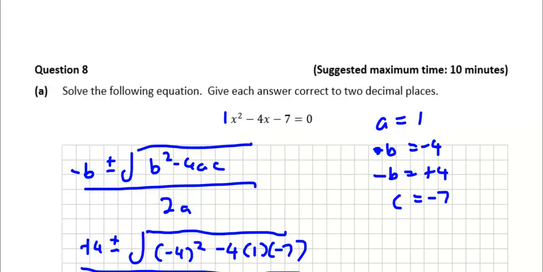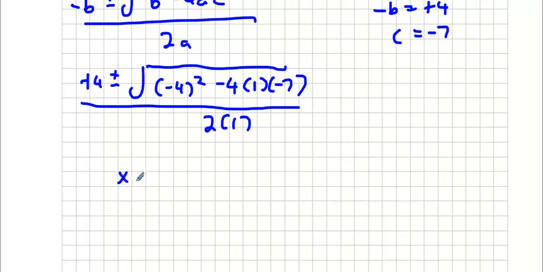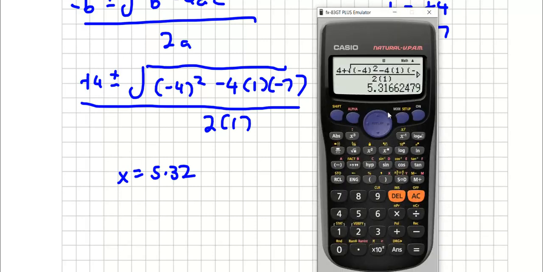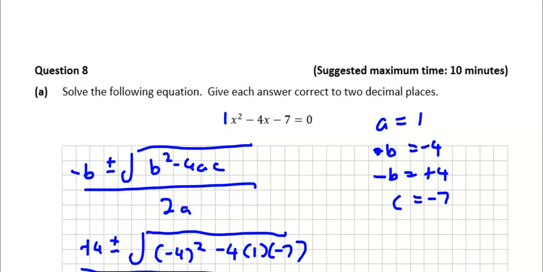How many decimal places? 2 decimal places. So 5.32. And then go back and change it to a minus, and we get minus 1.32. Okay, happy days. That's question 8, first part of 8 done.